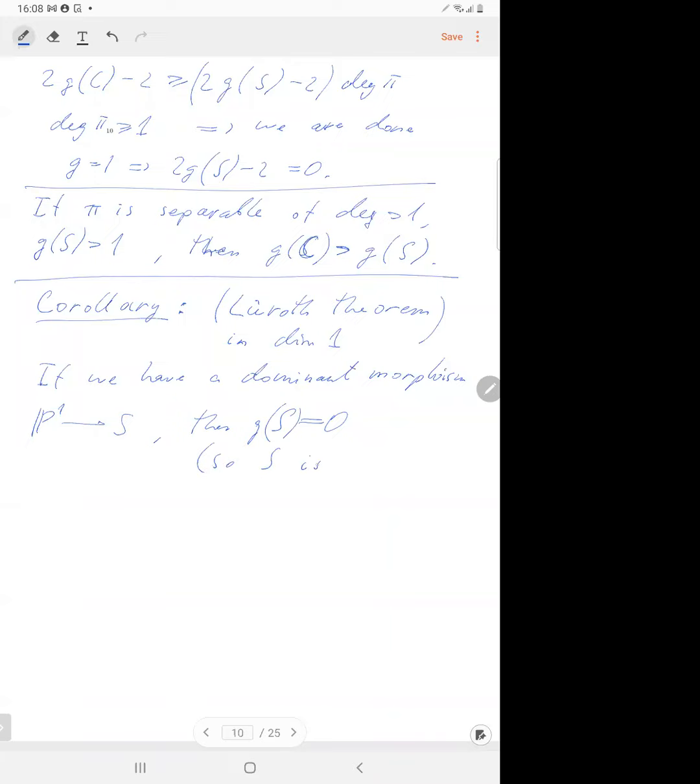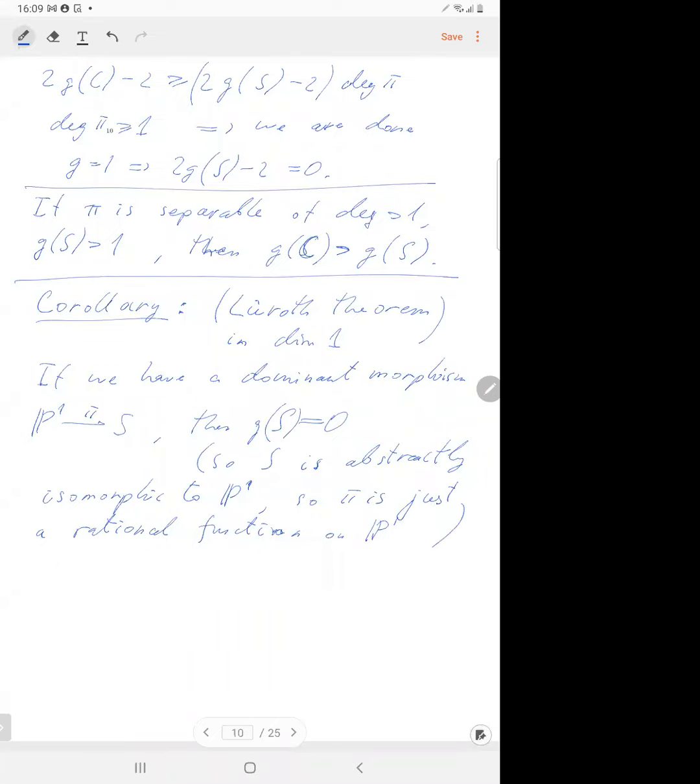So S is abstractly isomorphic to P1 as well. And so pi is just a rational function on P1. Okay.